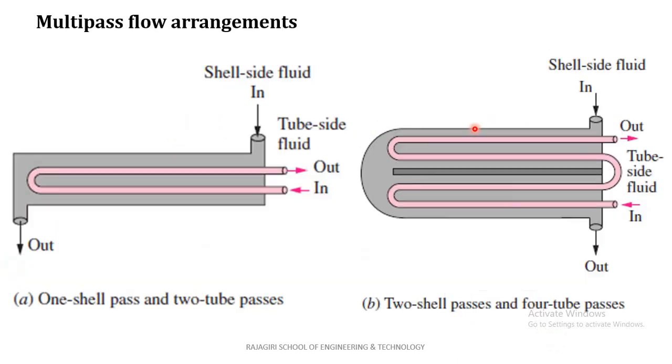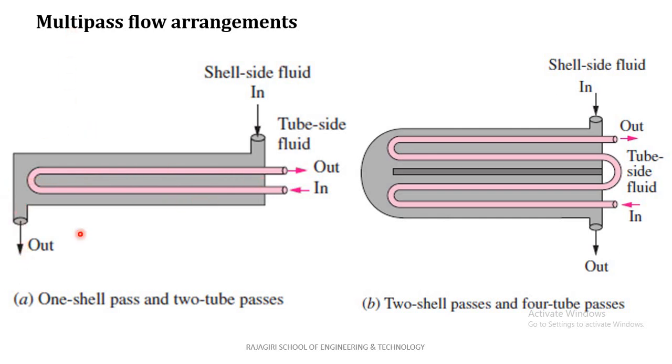There are other arrangements, multi-pass flow arrangements. You can see here one shell pass and two tube passes. It can be 2 tube pass, 4 tube pass, 6 tube pass, 8 tube pass, and so on. On shell side the fluid enters through this side and moves through the length of the heat exchanger only once and exits here.